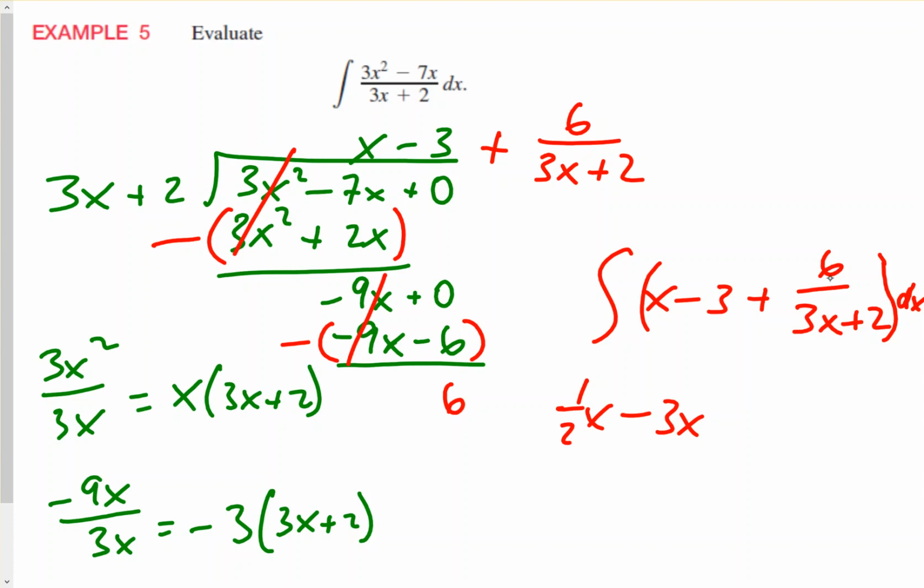We could just do 2 times. So we would have plus 2 ln of 3x plus 2, plus c. Pretty straightforward.